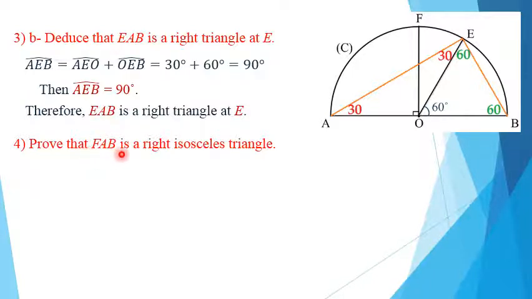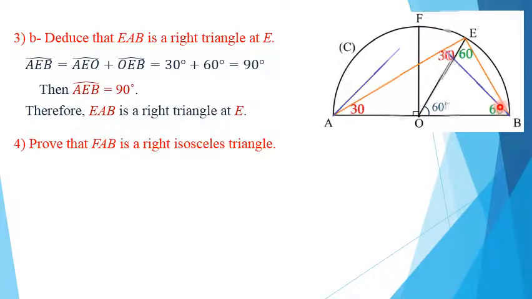Prove that FAB is a right isosceles triangle. FAB. Okay, how can we prove it's right? Now I'm talking about the triangle in blue.